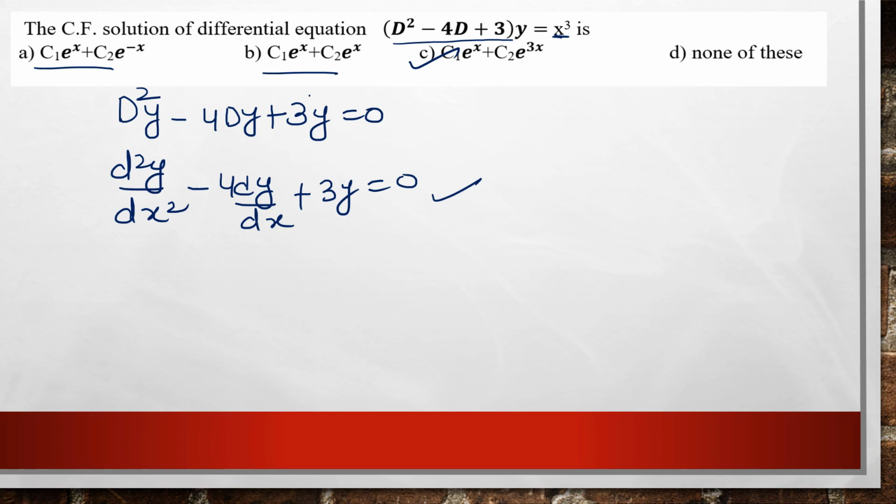You can differentiate this 2 times and place the values here: find the first order derivative, place the value here, then put the value of y here. If this is giving you 0, not x cube, then that will be the complementary function or complementary solution. For a complementary solution we take 0 on the right side. Fine, this is the second approach which you can use if you are not aware of the things.